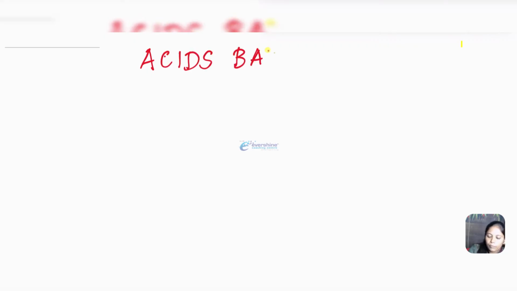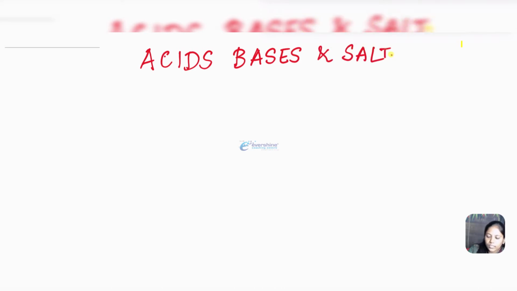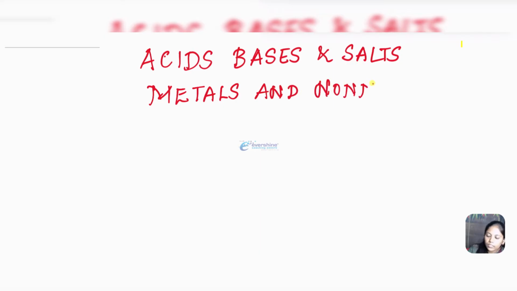Okay, today in this class, we will discuss some important topics related to acids, bases and salts, and then some important topics related to metals and non-metals, and some important topics related to carbon and its compounds.